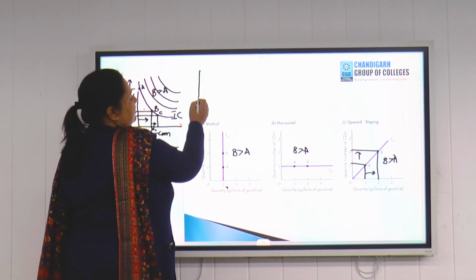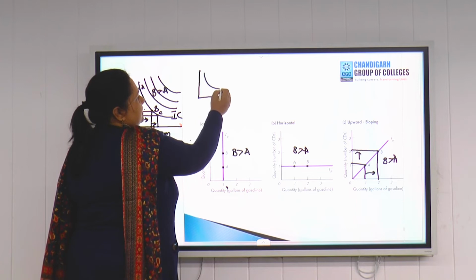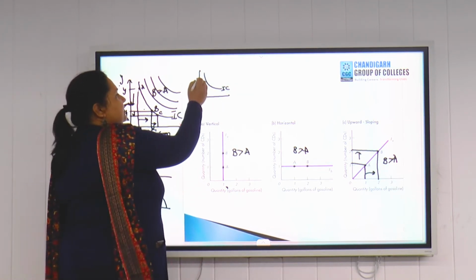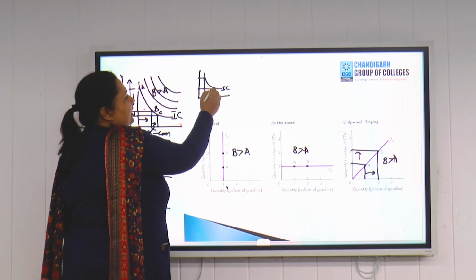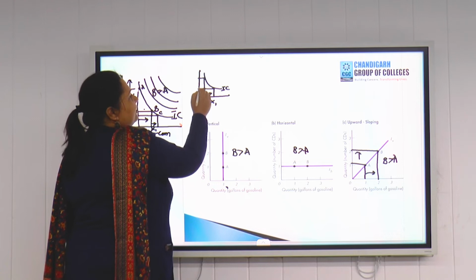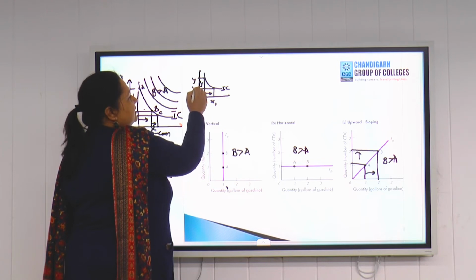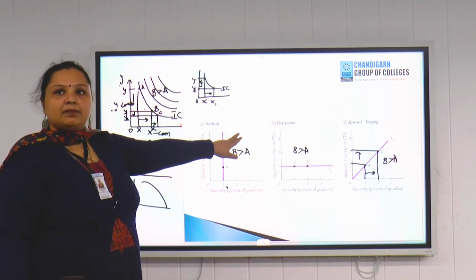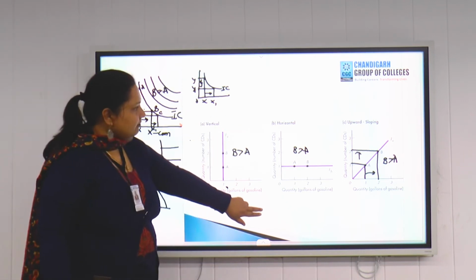The right type of indifference curve will be this. When we are to increase one commodity, we are decreasing another. Here I am increasing X commodity and for that we have decreased Y commodity. So the level of satisfaction will remain the same.